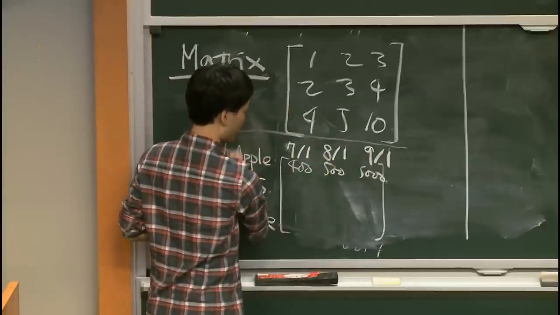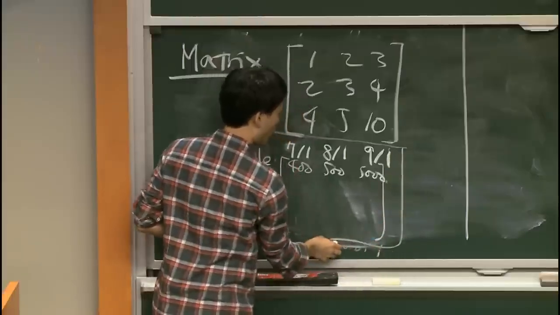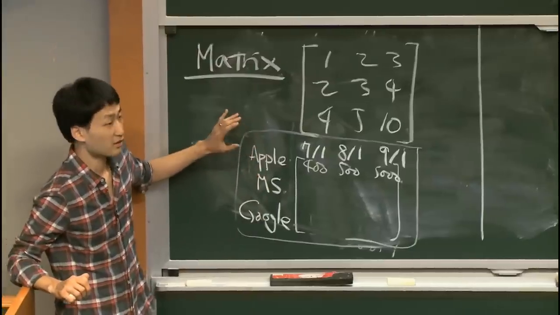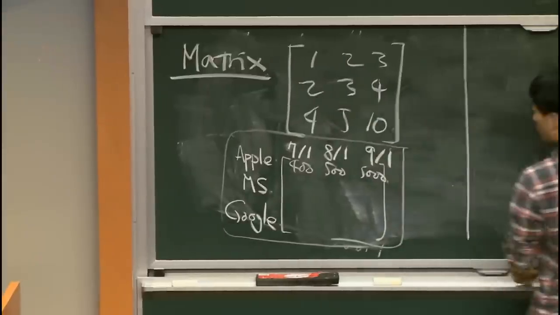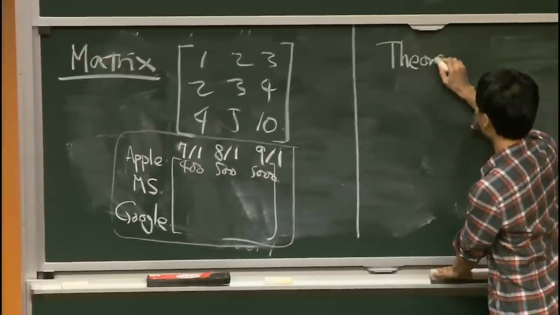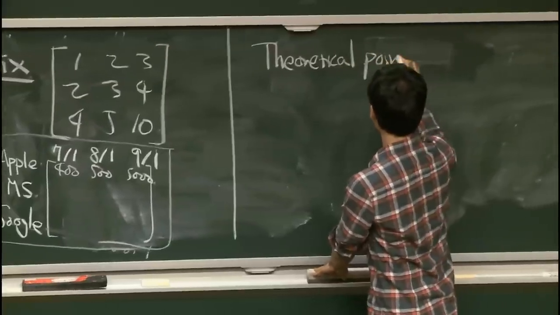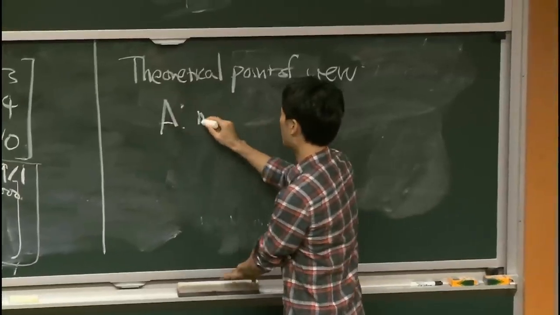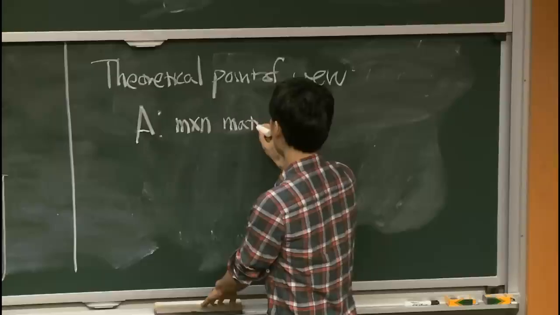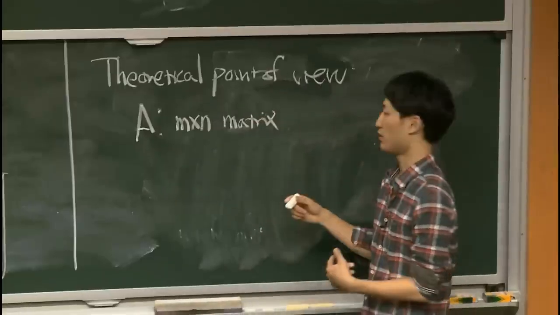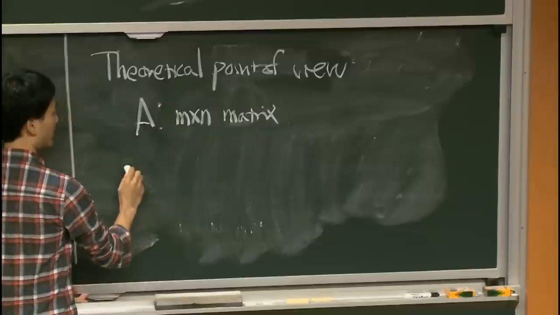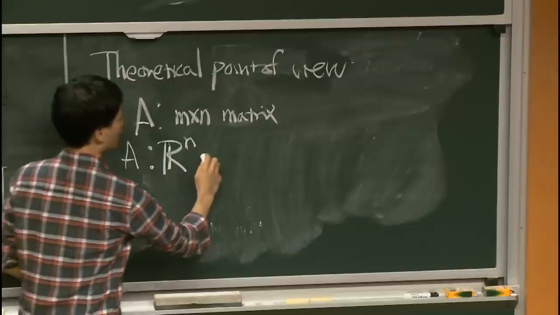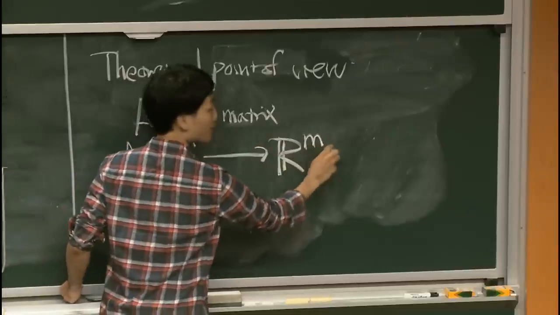Okay? So defining a matrix is really simple, but why is it so powerful? That's an application point of view, just as a collection of data. But from a theoretical point of view, an m by n matrix A is an operator. It defines a linear transformation from the n-dimensional vector space to the m-dimensional vector space.